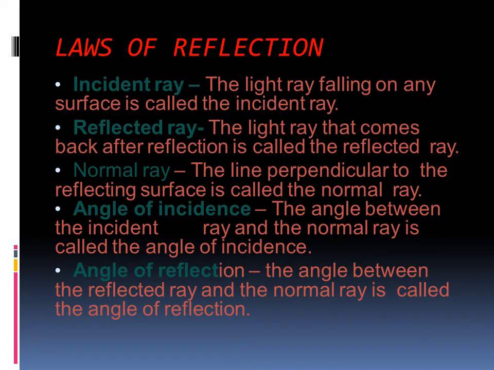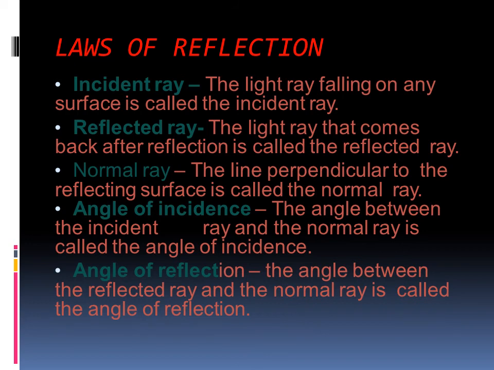Similarly, we have the normal ray. The line perpendicular to the reflecting surface is called the normal ray. That can be mostly observed when light is at the top or overhead. Then we have the angle of incidence. The angle between the incident ray and the normal ray is called the angle of incidence.